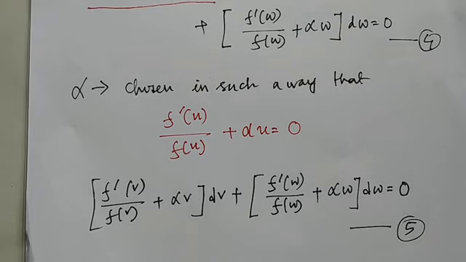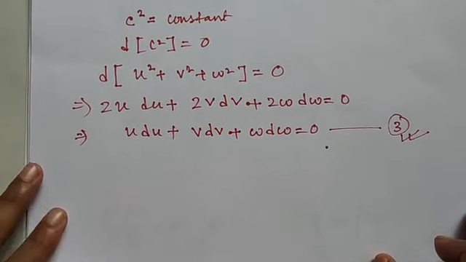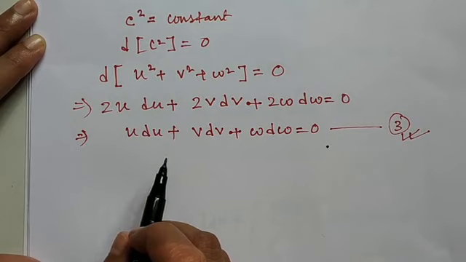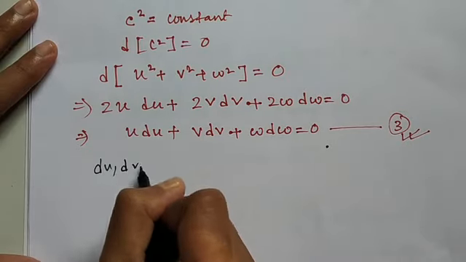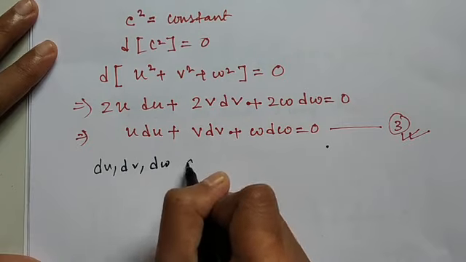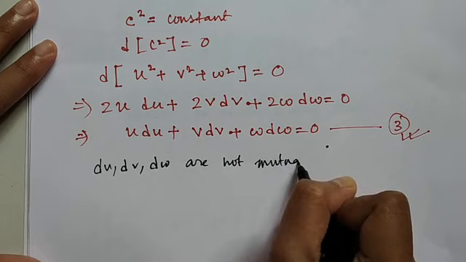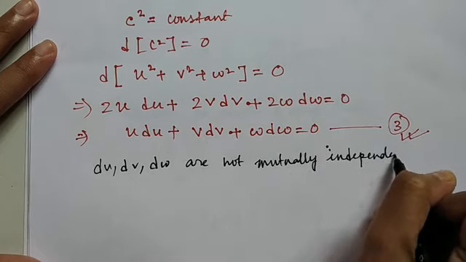Now if you look at equation 3, from this equation we can say that du, dv and dw are not mutually independent.